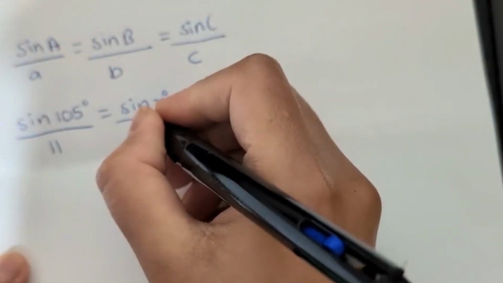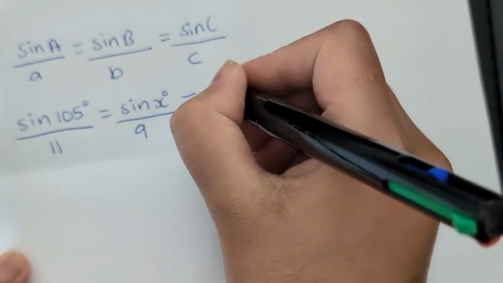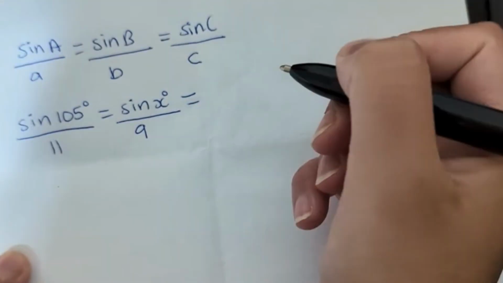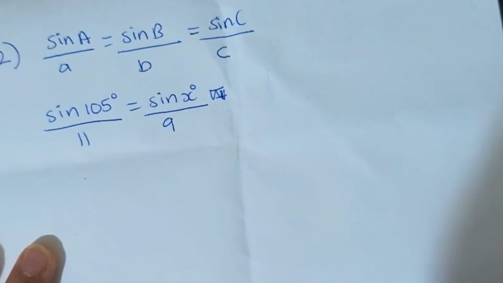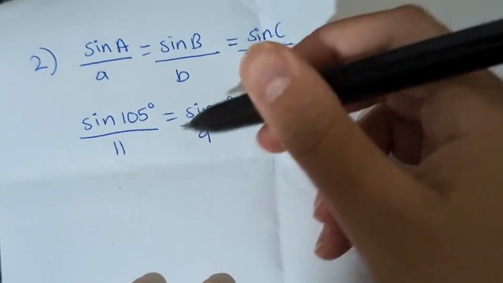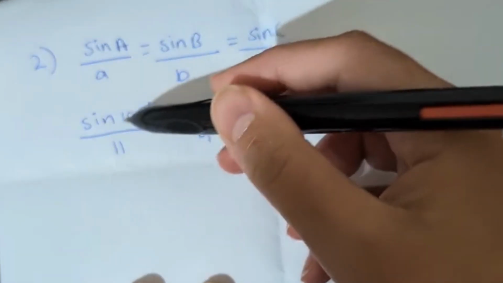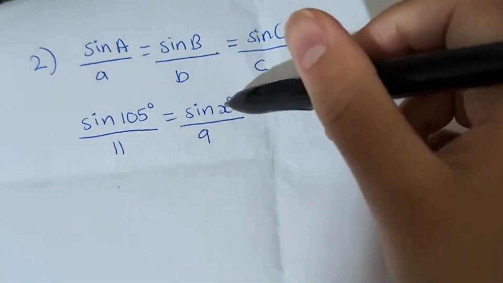Over the length of B, which was 9 centimeters, and sine C we don't really know, and nor do we know the lowercase c, so we're going to leave it there and just keep these two that we know. So what we're going to do now is go ahead and solve and rearrange to work out what x will be.